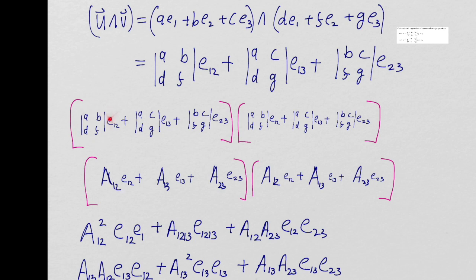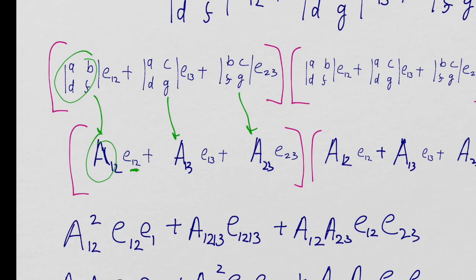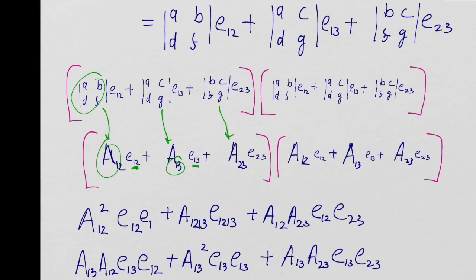So now I just lay this thing out, and what I've learned is that these are real numbers. So I'm going to take these real number coefficients and replace them with letters so I don't have to write so much each time. I replace this determinant with A12 because it's the coefficient of the bivector e12, and A13 is the coefficient of the bivector e13. Pretty simple idea.